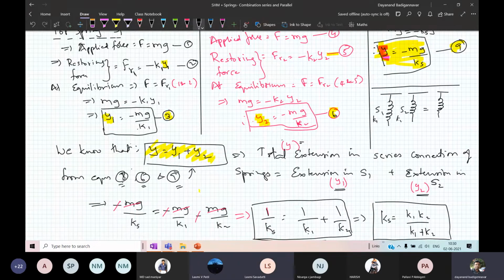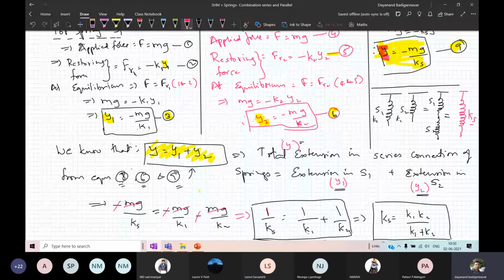The value of ks should be equal to the ks which I have written here. So if I have two springs connected in series, whose spring constants are k1 and k2, I can replace them with a new spring with spring constant ks, such that its value is k1 k2 divided by k1 plus k2. Now this is true for not only two springs.